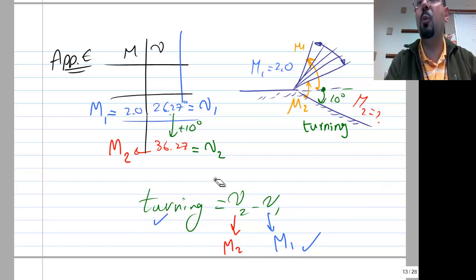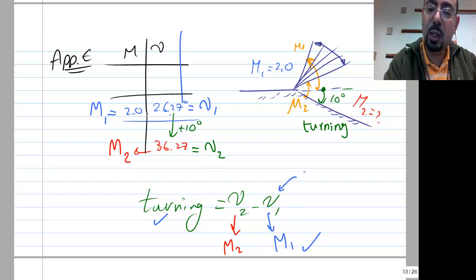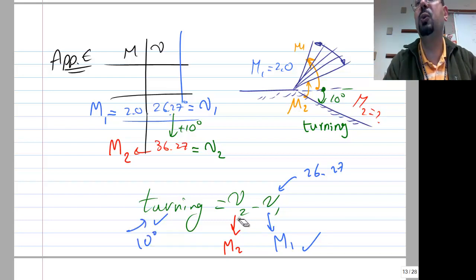So basically, from M1, you can calculate the angle. The turning is 10. The nu1 from the chart or from the table at M1 is 26.27. You put it here. So this is 26.27. And the turning is 10 degrees. Can you calculate the nu2? Of course. The nu2 would be the 10 plus the 26.